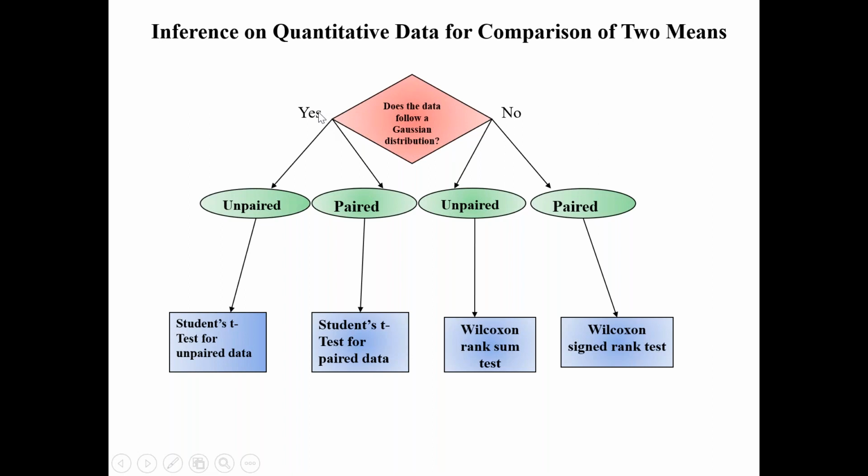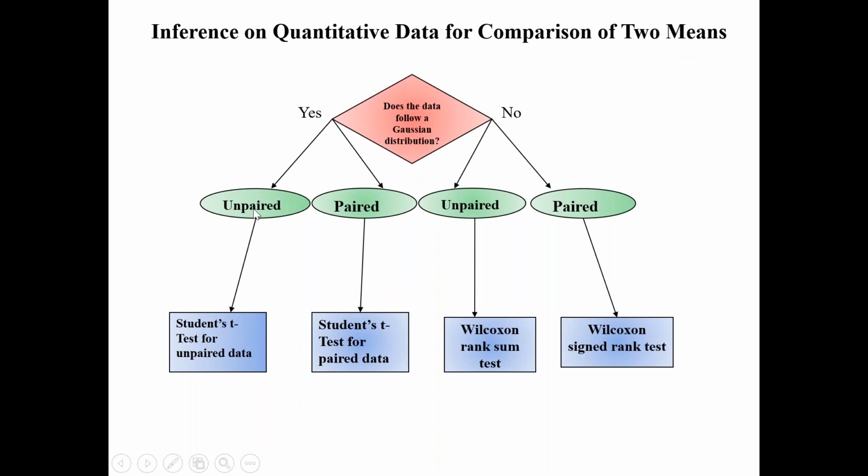If it is normally distributed, yes. If it is not normally distributed, that is skewed data, then different tests of significance apply. If it is quantitative data, please remember, a measurable value having some units, and means are also calculated from a quantitative variable.